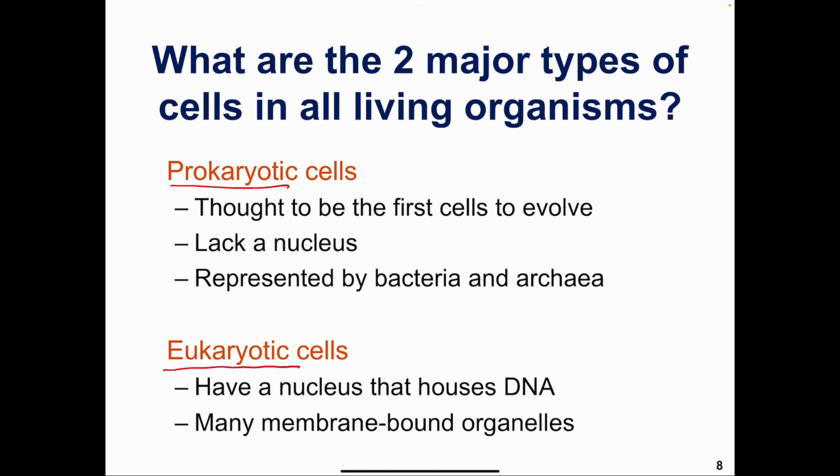They are thought to be the first cells to have existed, and from these cells, all the cells have evolved, including eukaryotic cells. Now, prokaryotic cells typically do not have a nucleus. Their genetic information is enclosed in an area of the cytoplasm that we call the nucleoid.